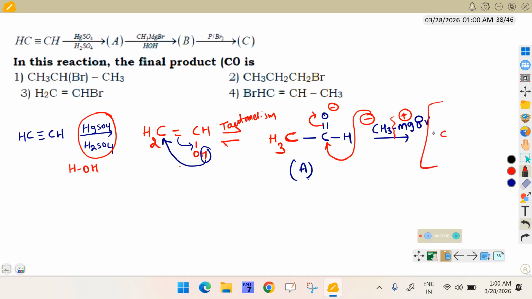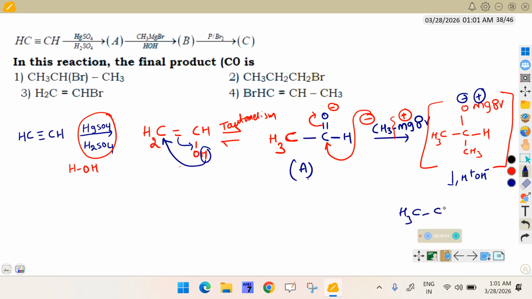The adduct is CH3C, CH3, O, MgBr. Which on further hydrolysis, H plus OH minus, gives CH3, CHOH, CH3.